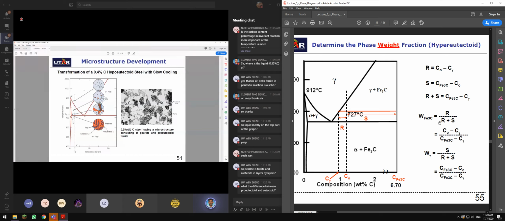Then you cool it further, and you have another formation, a new eutectoid, which is this. The earlier one, we call pro-eutectoid. Pro means earlier, older. That's the analogy.